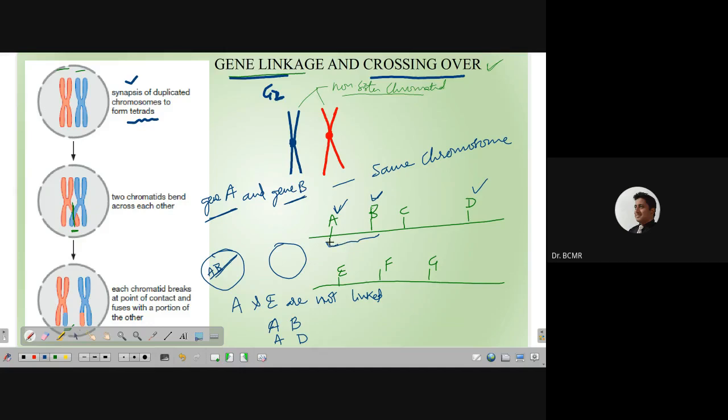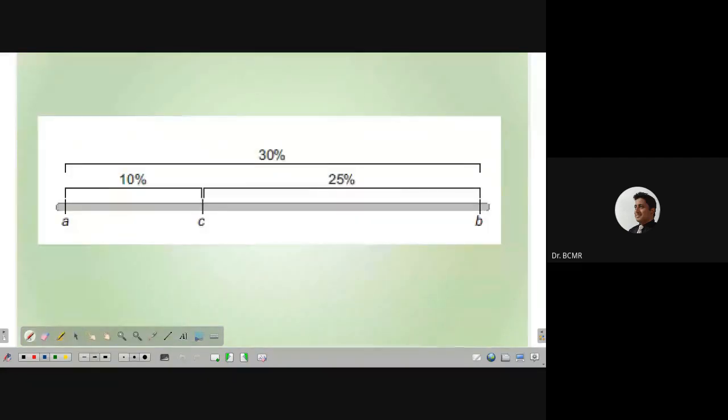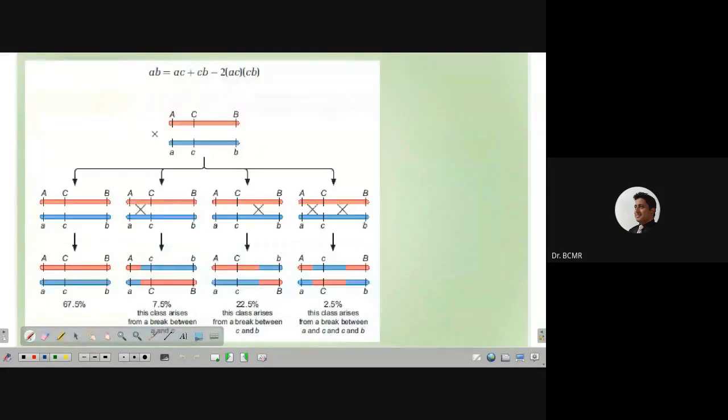You'll find that A and B are very close. Physically, the genes are present very close by on the chromosome, so you call that highly linked. Gene A and D is kind of low linkage. This is how you can try to say a few things.